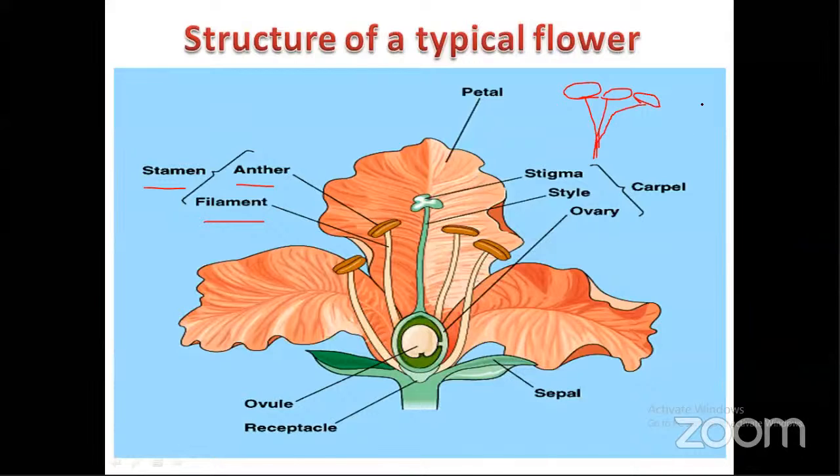If there are ten stamens, it might be a 9 plus 1 arrangement, where nine are grouped together and one is kept aside, or eight grouped together and two kept aside.